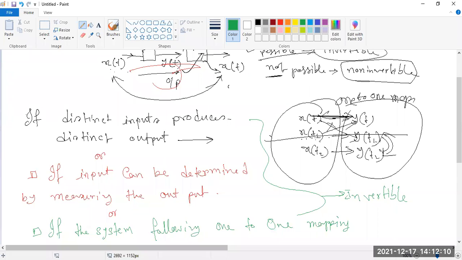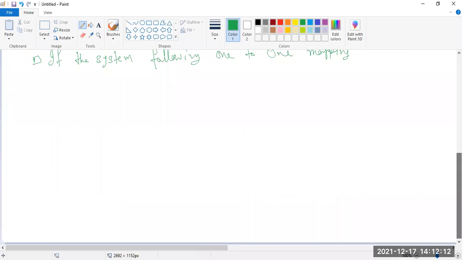So let's see an example, then we can understand these things. The first example is y of t equal to 4x of t. Just tell me, is that system invertible or non-invertible?